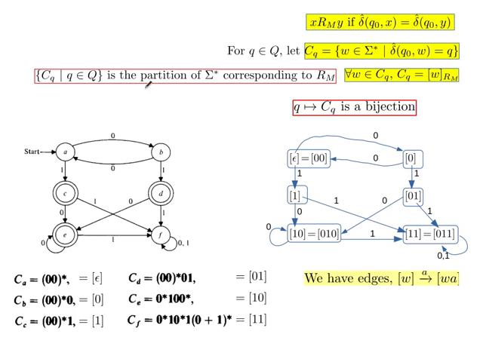So this is the partition corresponding to this Rm, and that gives us a bijection between a state and this set Cq. So instead of just the name of this state, we can just take this equivalence class as our state. This C is this equivalence class, so we can take this here.